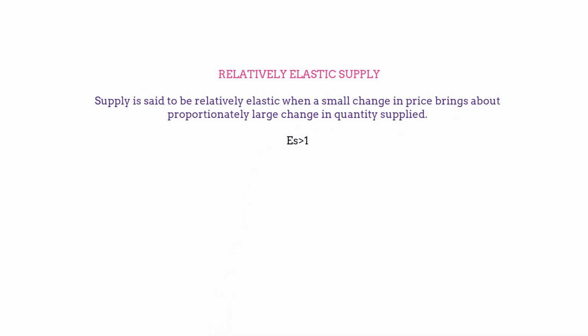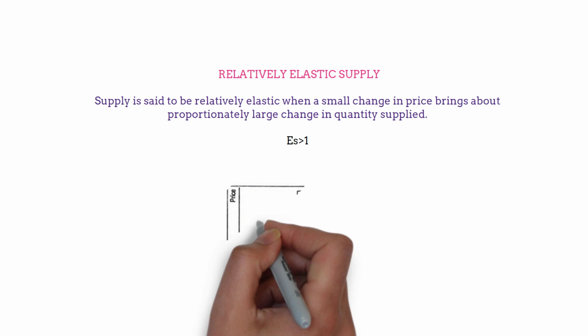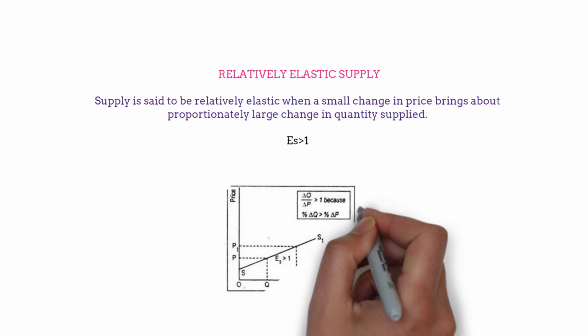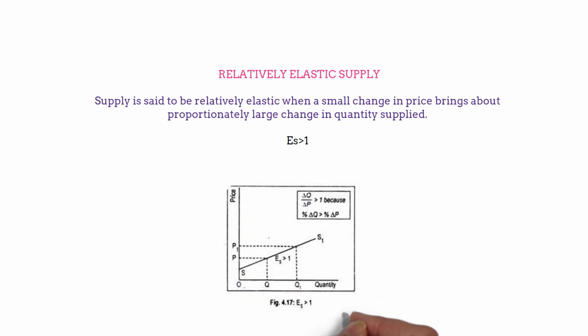Okay, small change of price brings about large change in the quantity supplied. Here elasticity of supply is greater than 1. This is what the mathematical symbol shows, elasticity of supply is greater than 1, as you can see. Small change in price brings about huge change in the quantity supplied.